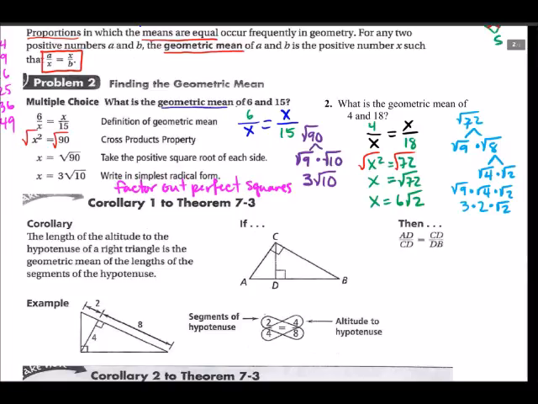There are no perfect squares in 2, so I'm looking at square root of 9 times the square root of 4 times the square root of 2. And square root of 9 is 3, square root of 4 is 2, square root of 2 is not a perfect square, stays in square root prison. 3 times 2 is 6. 6 square root 2 is simplest radical form. Don't worry, we'll practice more on this later. You're going to have to know how to do simplest radical form.